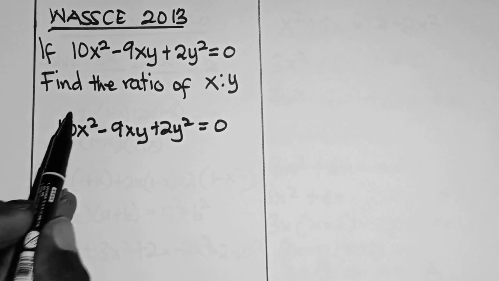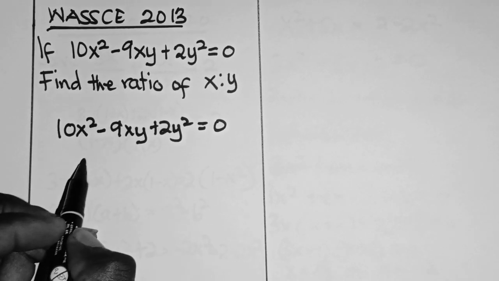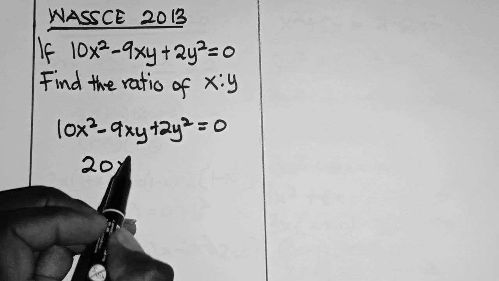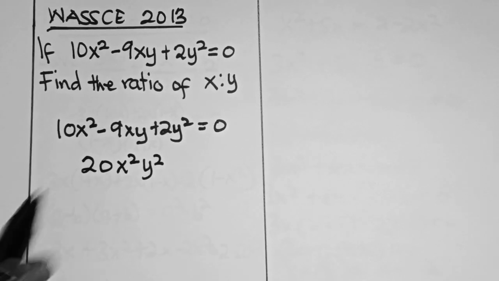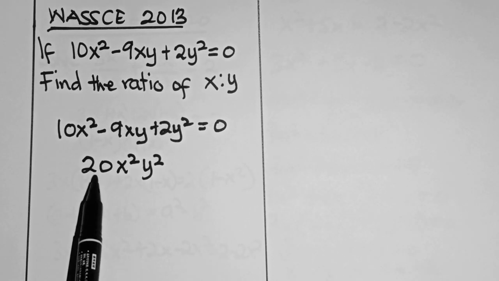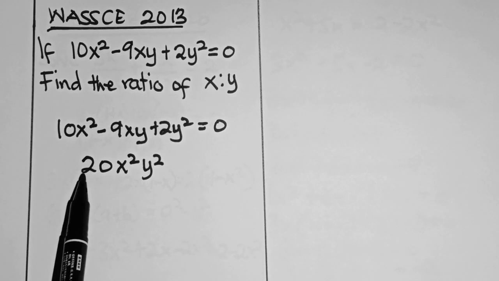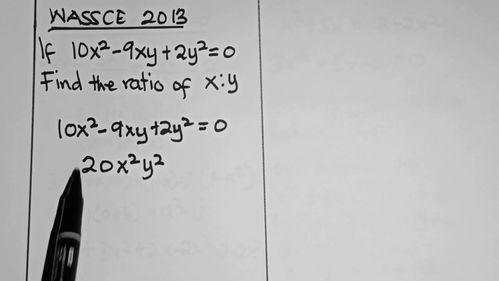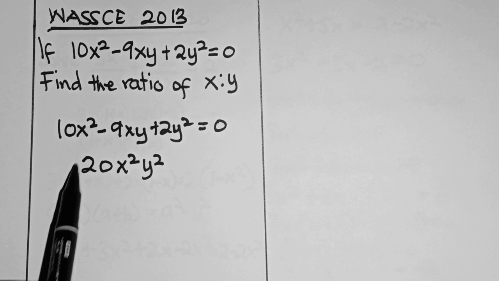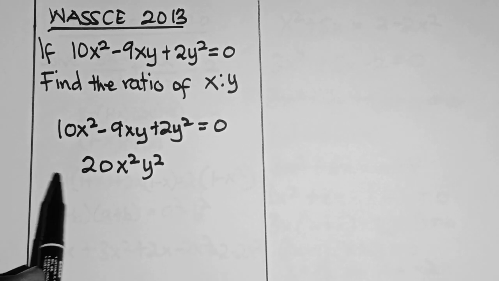So you see that 10x squared times 2y squared is equal to 20x squared y squared. So now you see that two numbers that if you multiply, you will get 20, but if you add, you get minus 9. So you see that minus 5 times minus 4 is 20. However, minus 5 plus minus 4 is minus 9.